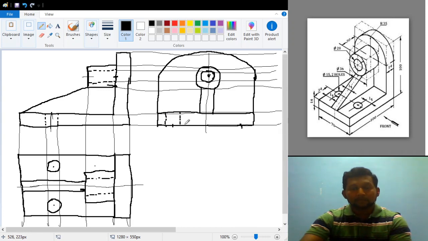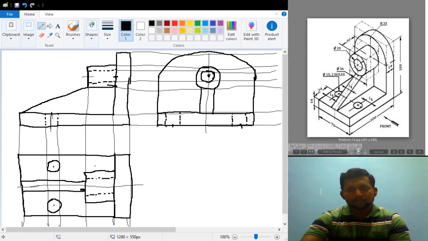Since the diameter of the hole is 15 mm, half of that is 7.5. So once you draw the center line, to the left side 7.5, to the right side 7.5. Here also, the dotted lines you draw should be 7.5 to the left and 7.5 to the right.